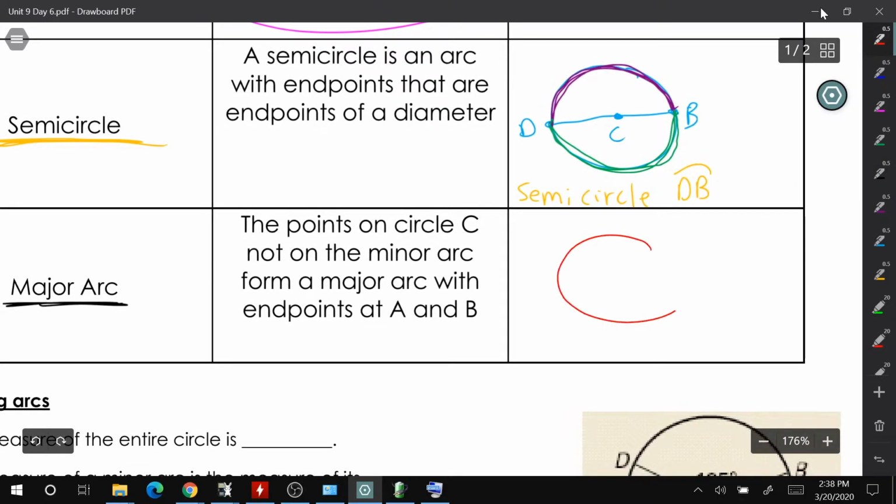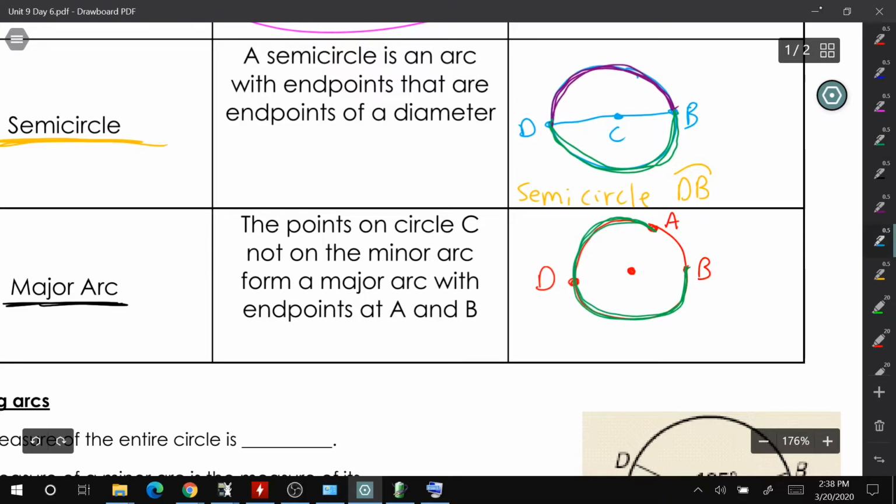So what that will look like, I'm going to draw a better circle. So if we still have our A, B, and instead of going this way, we have a third point here, that tells us that it's going to be the major arc, that third point. And then we go in this direction.